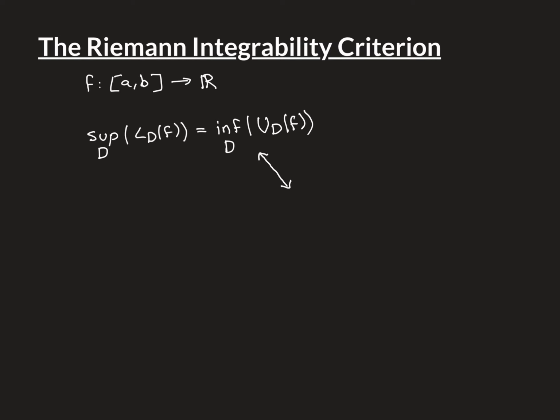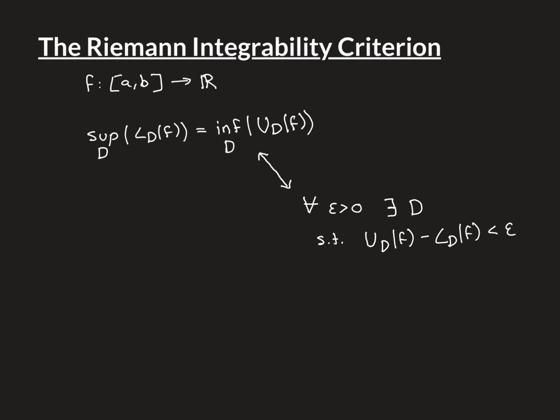It says that for all epsilon greater than 0, so epsilon is a positive real number, there must exist some dissection D of the interval [a, b] such that the difference between the upper Riemann sum of the function over that interval with the dissection D and the lower Riemann sum with the dissection D is less than epsilon. This is the Riemann integrability criterion.